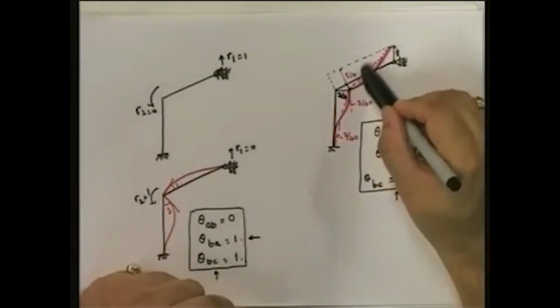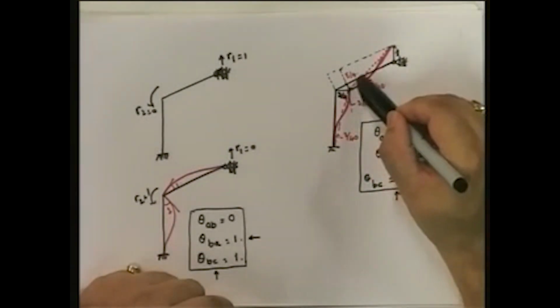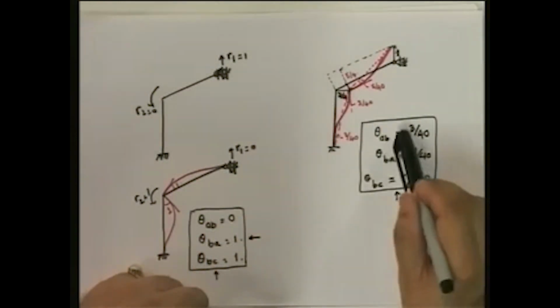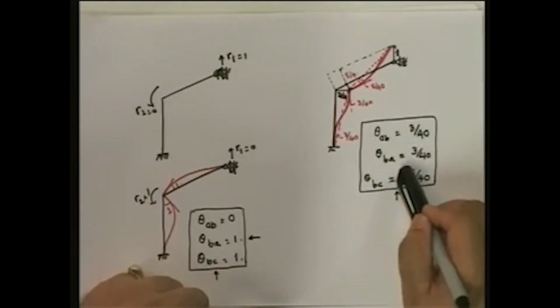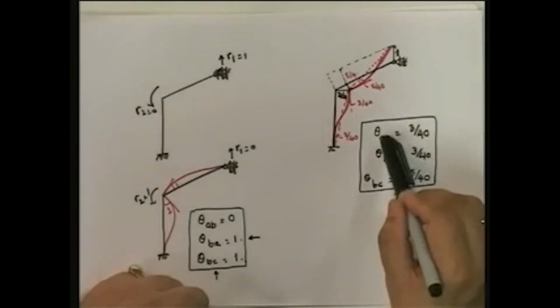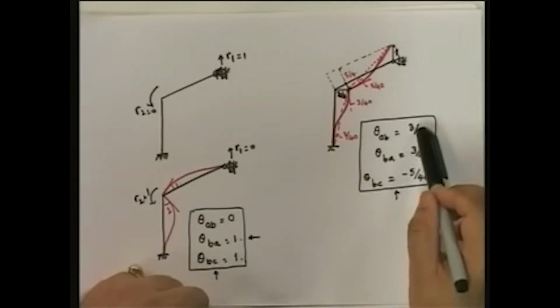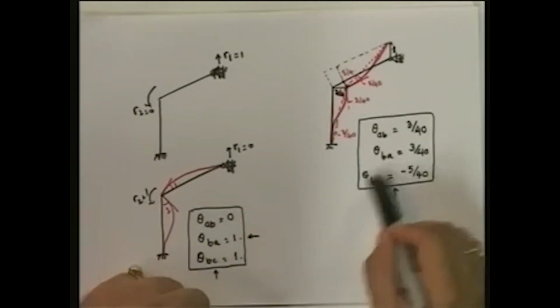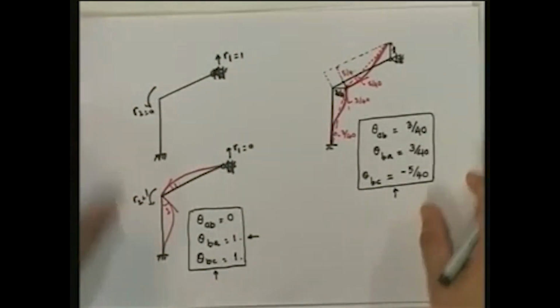Of course, as I said, the displaced shape may look different because the displaced shape, if it was fixed, looks like this and it would look like this. However, as far as the kinematics is concerned, that is the relationship of the member end rotations with the degrees of freedom of the structure, they are no different from what we had evaluated last time.